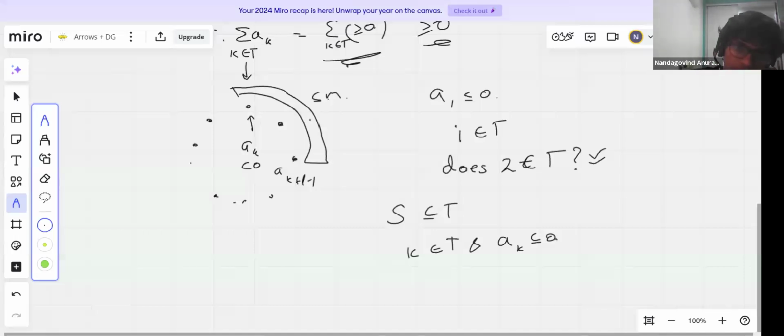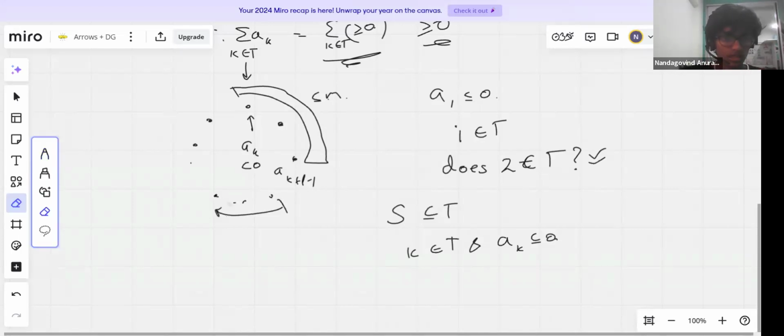Now what I'll basically do is I'll try to fit this into a set of arcs. I want to introduce the arrows idea.